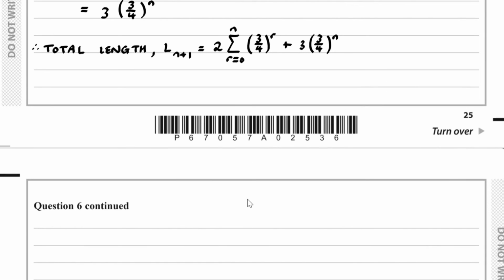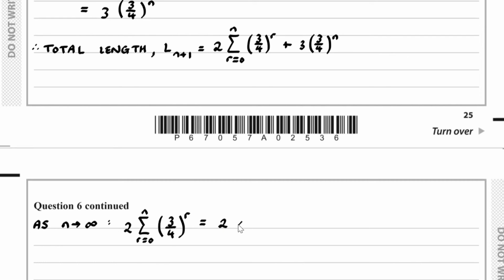Well, as n tends towards infinity, here we've got a geometric series. 2 multiplied by the sum from r equals 0 to r equals n of 3/4 to the r.